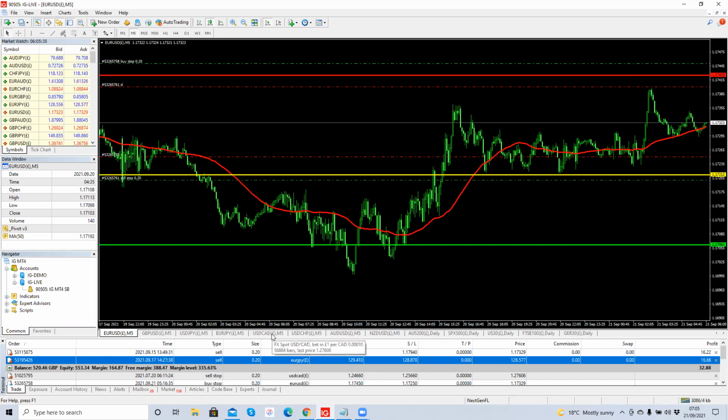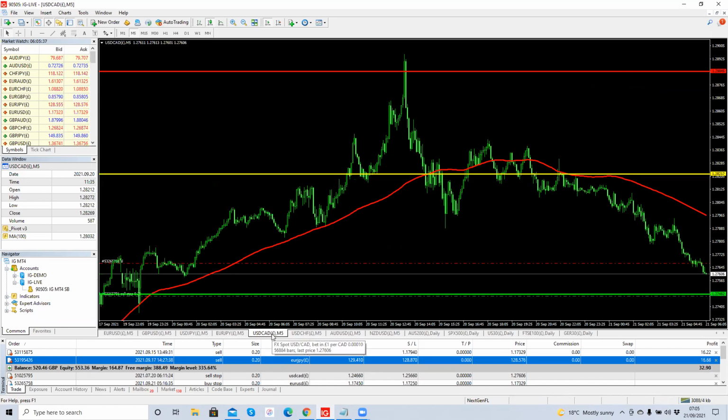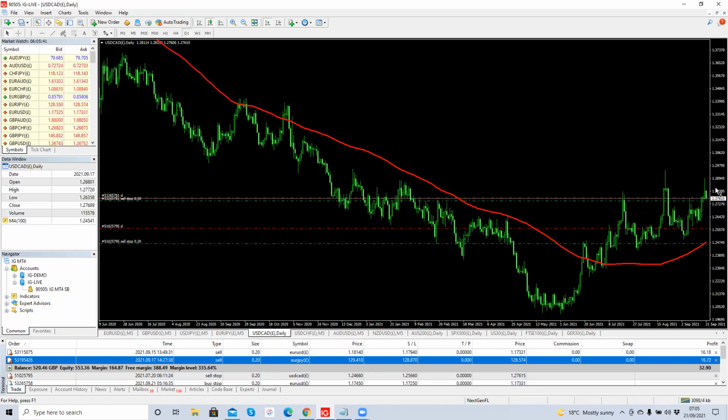So let's look at the dollar Canadian dollar. Again, we'll start with the daily time frame. Looking at the moving average 100 for today, it is 1.24748. So I'll just round that up to 1.2475.